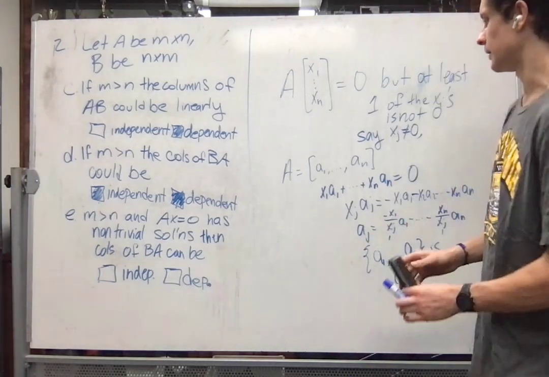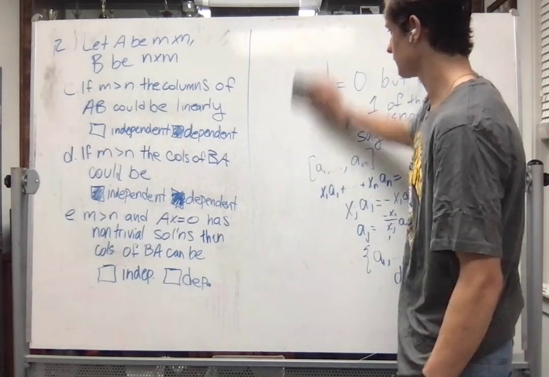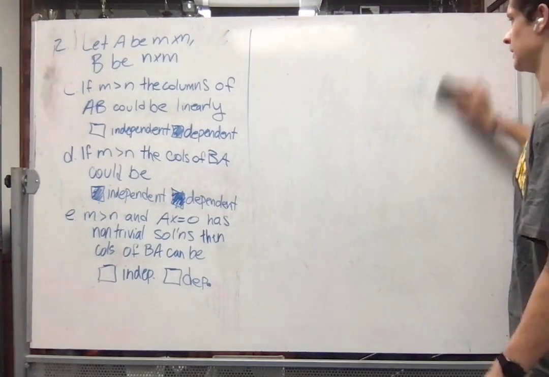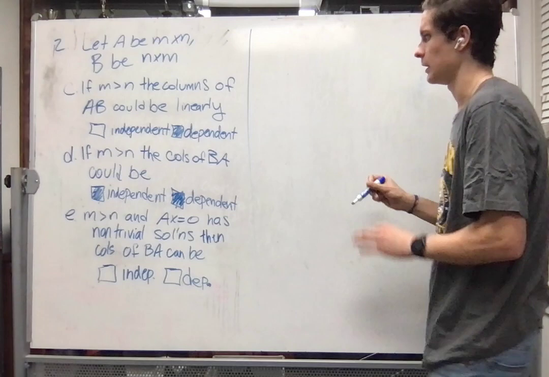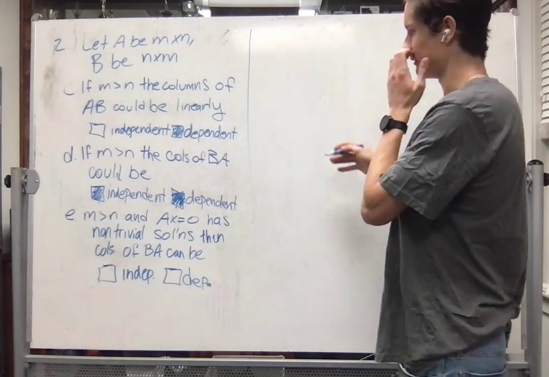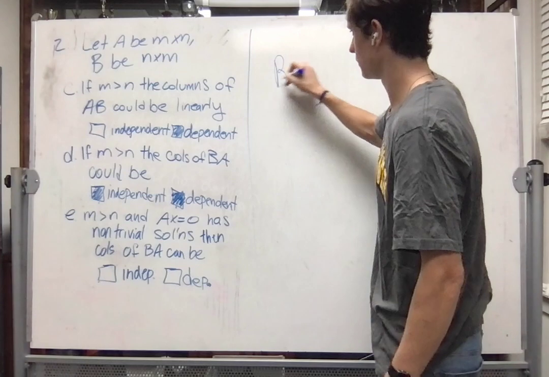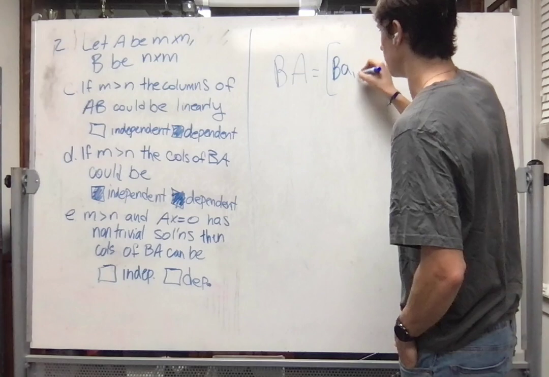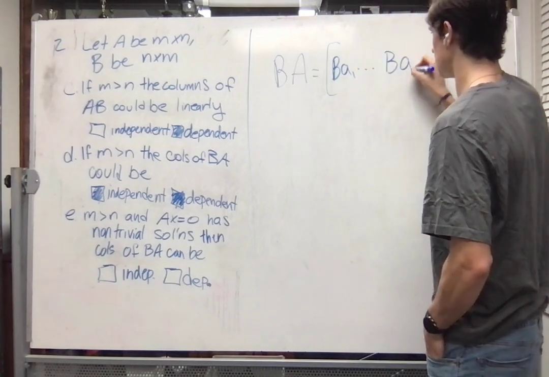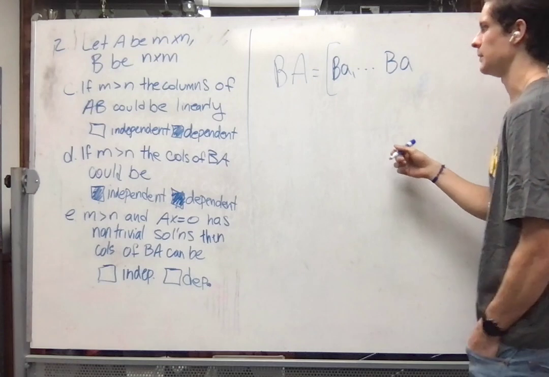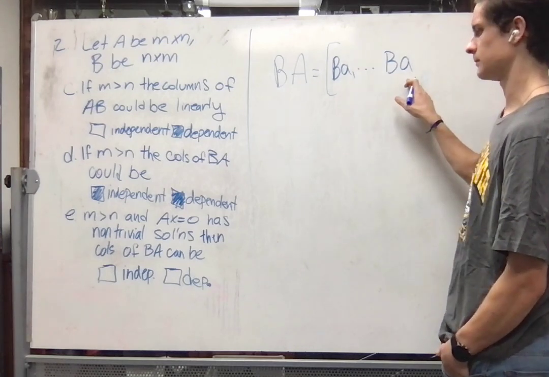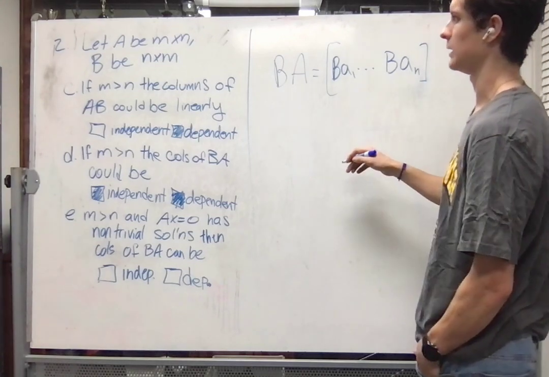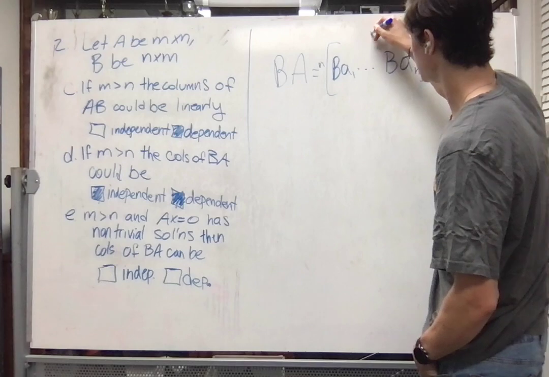So now let's think about BA. Once again, we're going to use the fact that B times A is just B multiplied by each column of A. So BA is just this matrix: B times A1 through B times An. BA has n columns, and BA is going to be n by n.